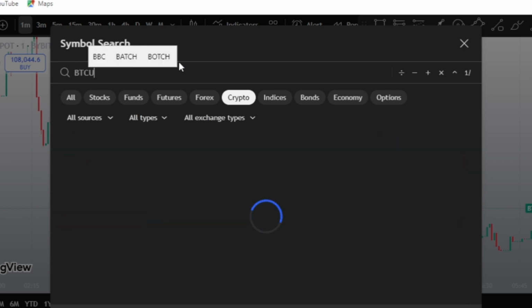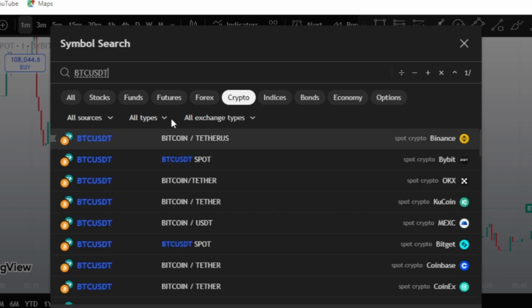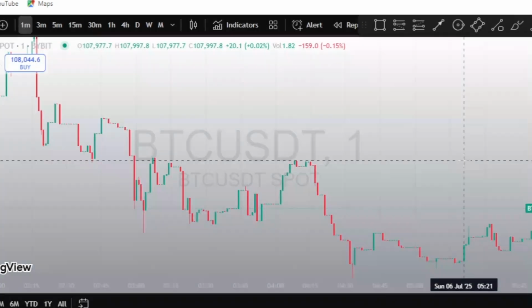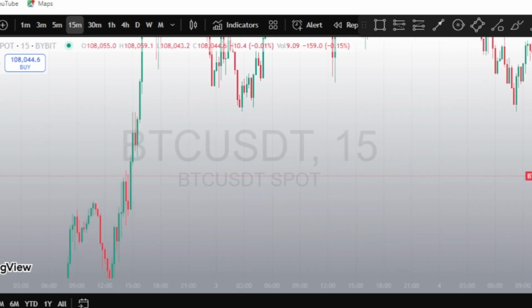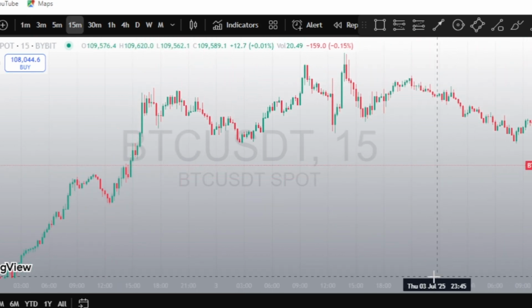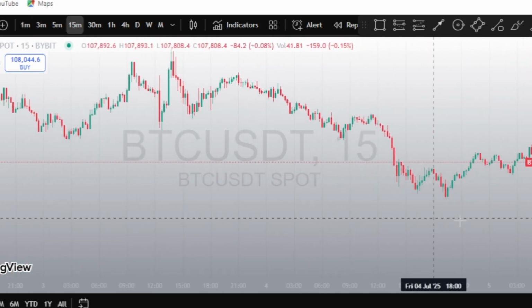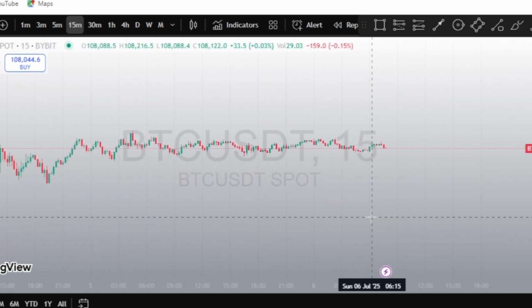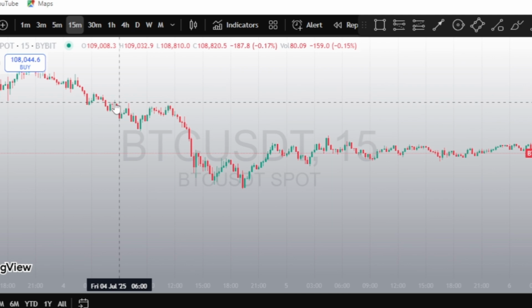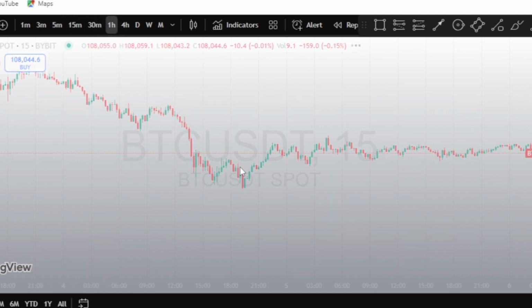Then I switch to a 15 minute or 1 hour time frame. I try to guess what's happening. Is the market going up? Is it reversing? I look for patterns like dojis or engulfing candles. At first, it was confusing. Now it's starting to make sense slowly. Don't rush it.